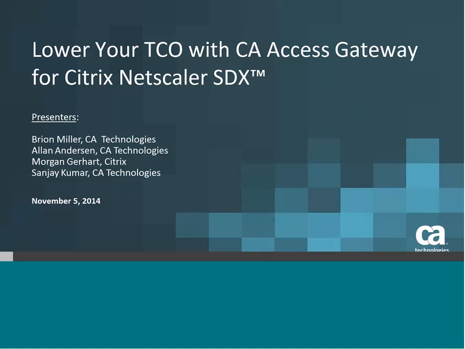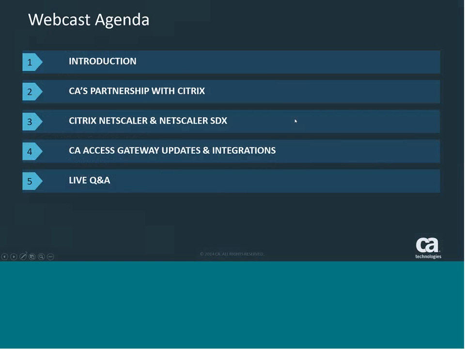So let me just go over what our agenda is going to look like today. First, I'll do a little intro just so you can get to see each of the panelists today. Next, Brian and Alan will talk about CA's partnership with Citrix. After that, Morgan from Citrix will give you a Citrix Netscaler and Netscaler SDX overview.